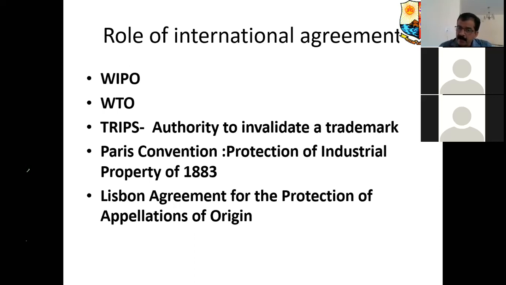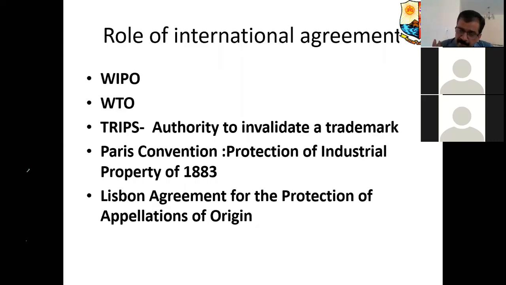Similarly, the Paris Convention, which will protect the GIs. That is, the Paris Convention for the Protection of Industrial Property of 1883, has a provision to protect geographical indications. Similarly, the Lisbon Agreement for the protection of appellations of origin.